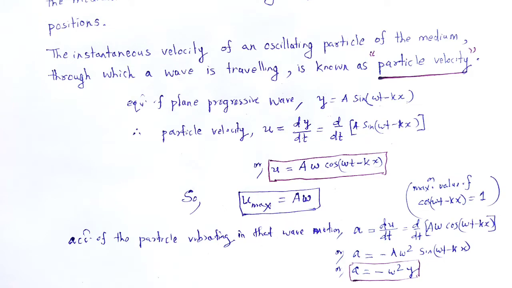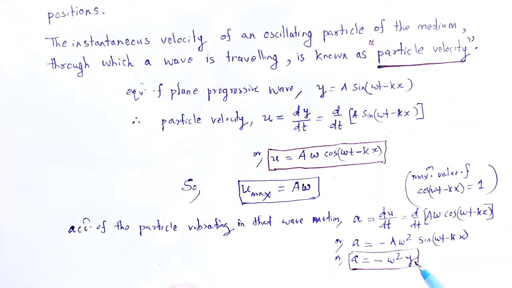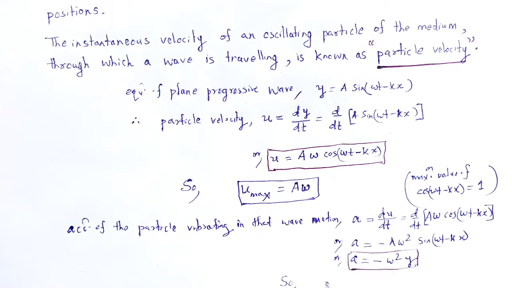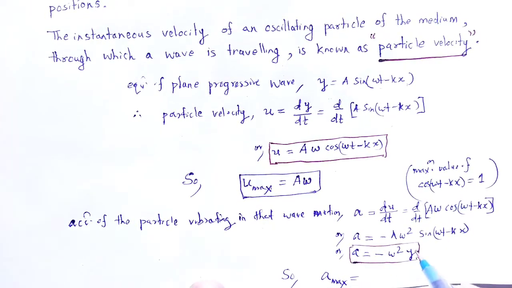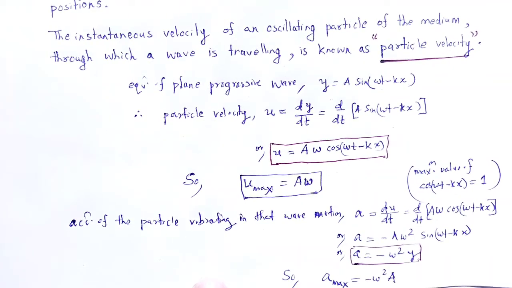Again, the acceleration is maximum when the displacement is equal to the amplitude of the wave. At that condition, we get maximum acceleration when y is equal to a, that is minus ω² a.